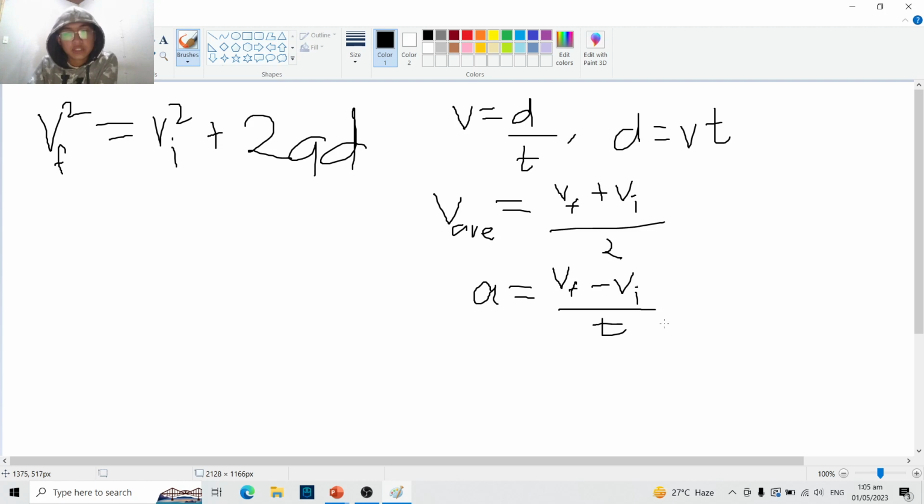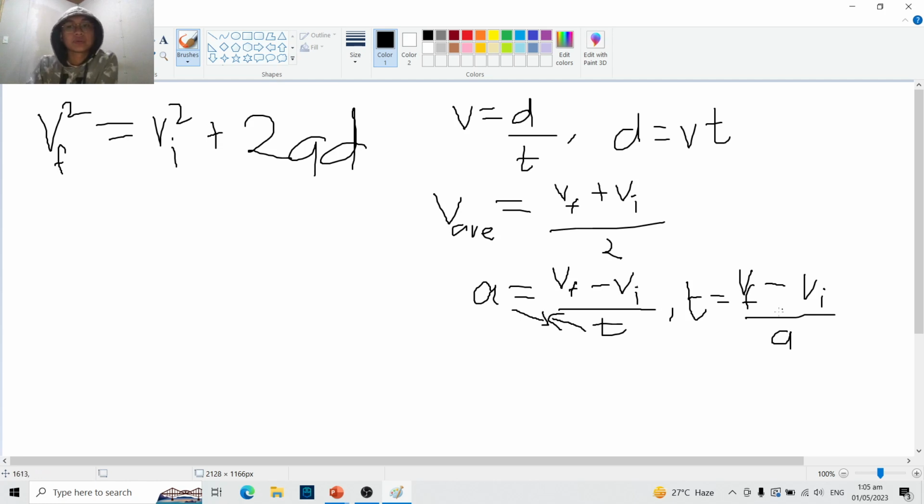So we manipulate this equation to isolate t, we will get t is equals to Vf minus Vi over a, by cross multiplying.